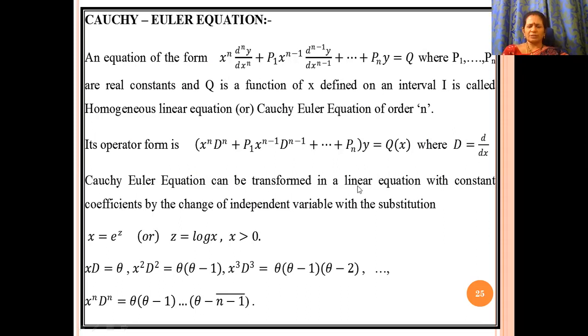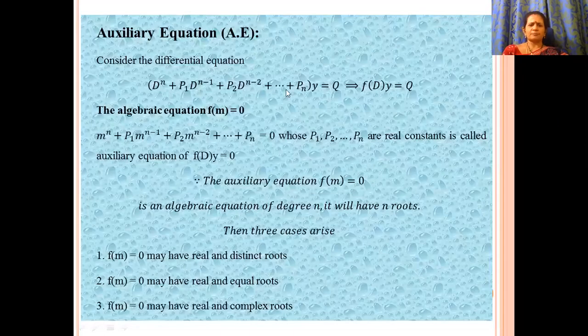The Cauchy-Euler equation can be transformed into a linear equation with constant coefficients. So for solving the differential equation using the Cauchy-Euler equation, we have to find out the auxiliary equation. These are the auxiliary equations. We will get different roots, maybe real and distinct roots, real and equal roots, or complex roots.